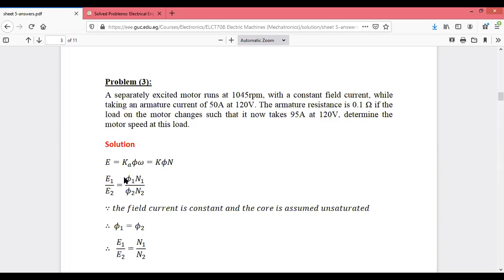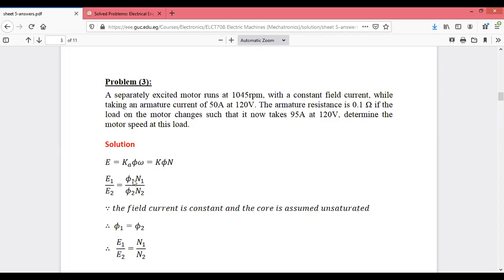Now you are supposed to find the speed only, where the speed is changing. At that time, you can take the magnetic flux also as the same. So you can say E1 upon E2 equal to K phi N1 upon K phi N2. K is a constant term, so that will get cancelled.